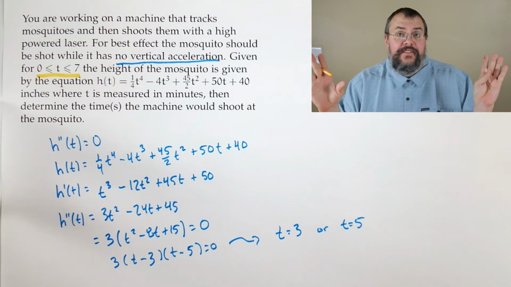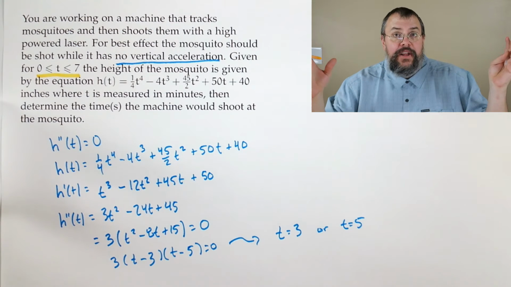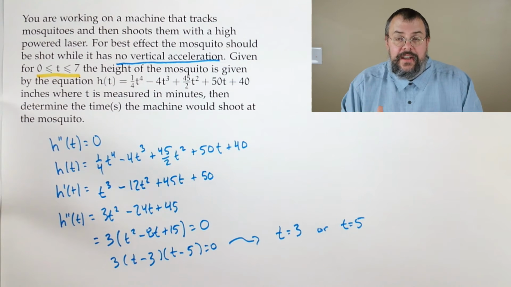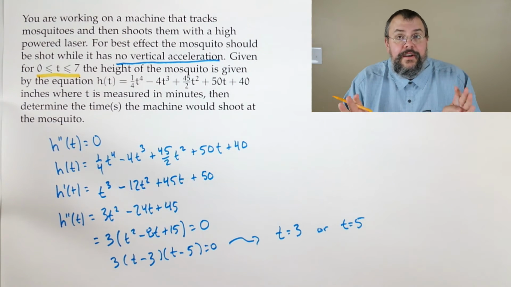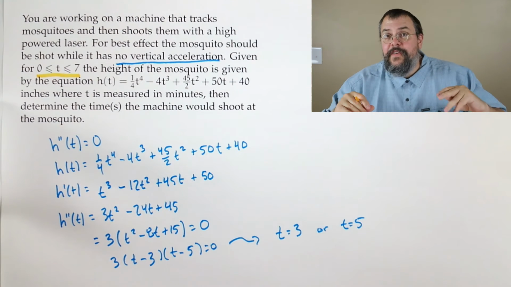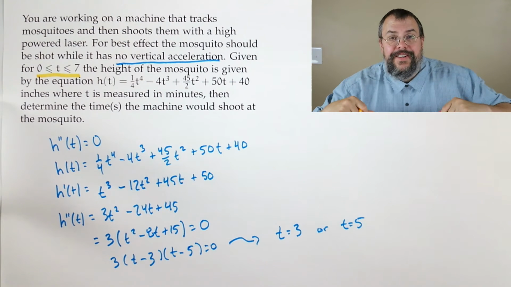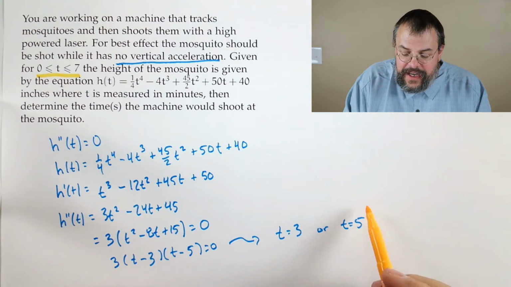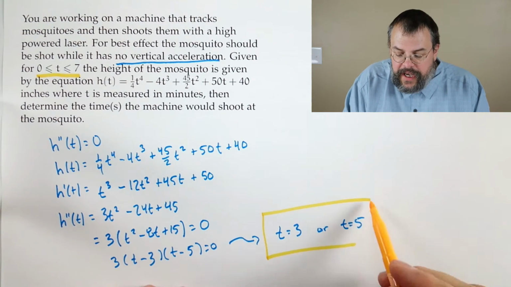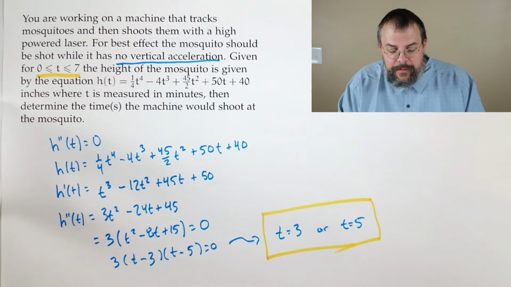If anything falls outside of 0 and 7, we automatically throw it out. So we check, are these between 0 and 7? If either is, then that one works. If it's not, I'll throw that one out. So good news, 3 and 5 both are between 0 and 7, and therefore, yes, we actually get two chances to get that mosquito.